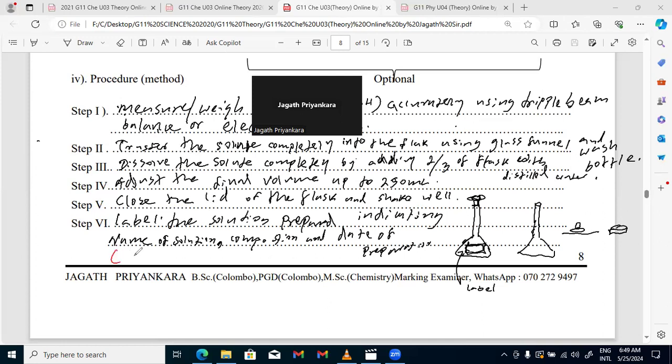So the name is here, NaOH. Composition means concentration, what is that? 0.1 mole per cubic decimeter. Date of preparation, you can write, for example, 24th May 2024, like that. The prep date. Those things should be included on the label. Is that clear?